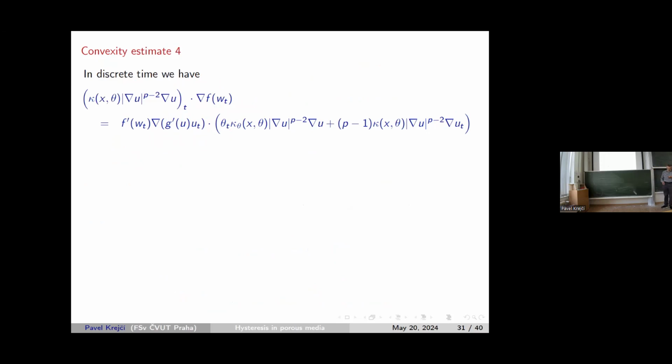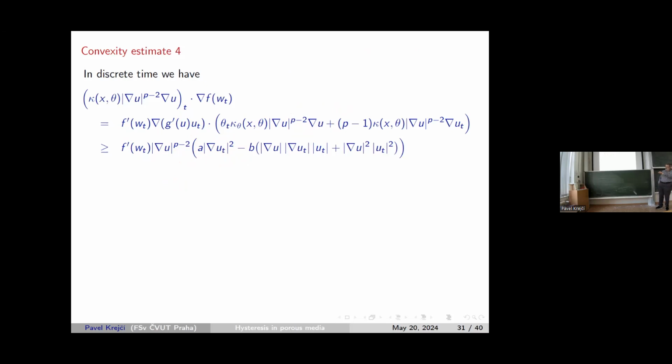You see that there are some nice terms, the terms which contain the product gradient of u_t squared. There is only one of them, so f prime of w_t can be put out of the parentheses. Also the gradient to the power p minus 2 can be put outside. What remains is the good term, some constant times gradient of u_t squared, and then the bad terms, which are cubic or even fourth order terms.